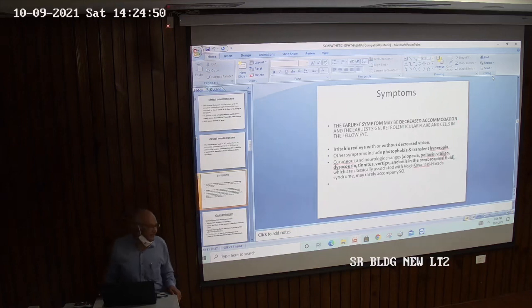This VKH syndrome, Vogt-Koyanagi-Harada disease, involves the CNS plus granulomatous uveitis. After that, in VKH syndrome there are alopecia, scoliosis, vitiligo, meaning the central nervous system is also involved. In sympathetic ophthalmitis, these symptoms are not there.